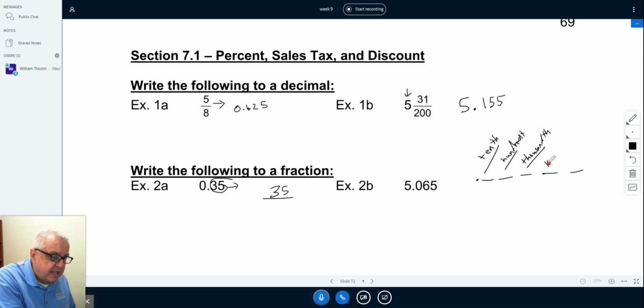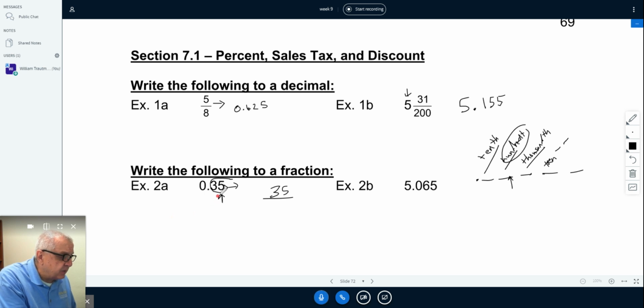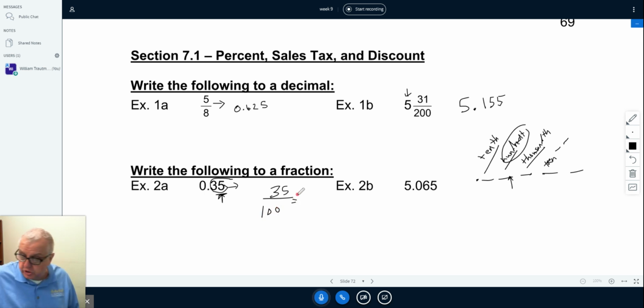Ten-thousandths, and so on and so on. So the second decimal place is hundredths. So you look to the far right, and whatever the far right decimal place is, hundredths, you put 100 on the bottom, and then you reduce your fraction.